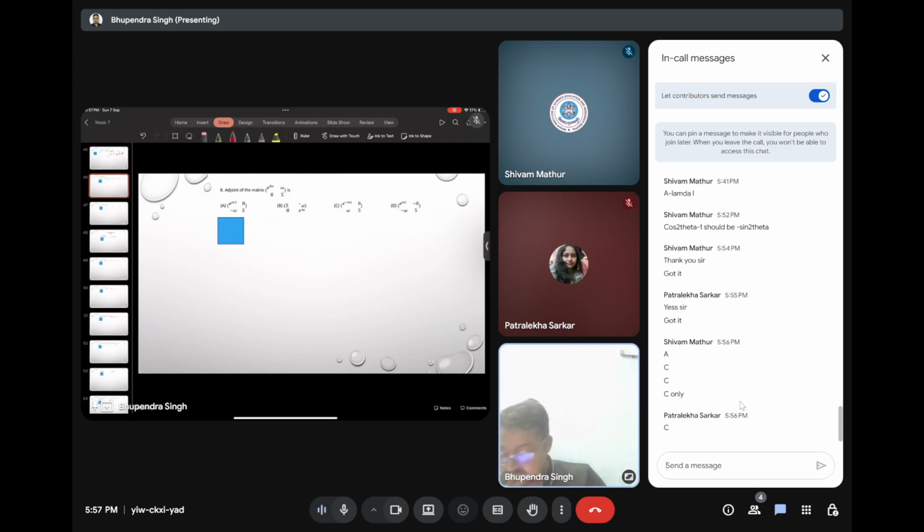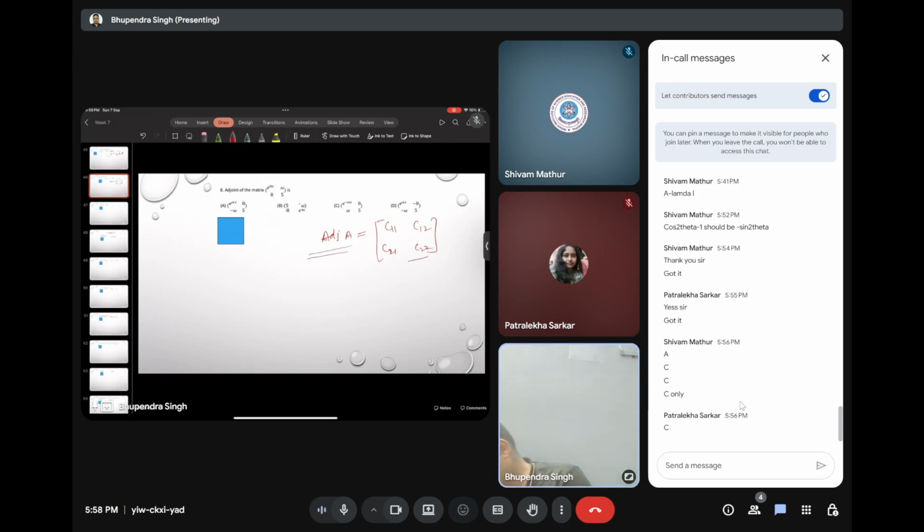Okay, moving to the next question, 8. This is also simple. Tell me the adjoint of matrix A. Adjoint of, let's say, A. Cofactor 1 1, cofactor 1 2, cofactor 2 1, cofactor 2 2.